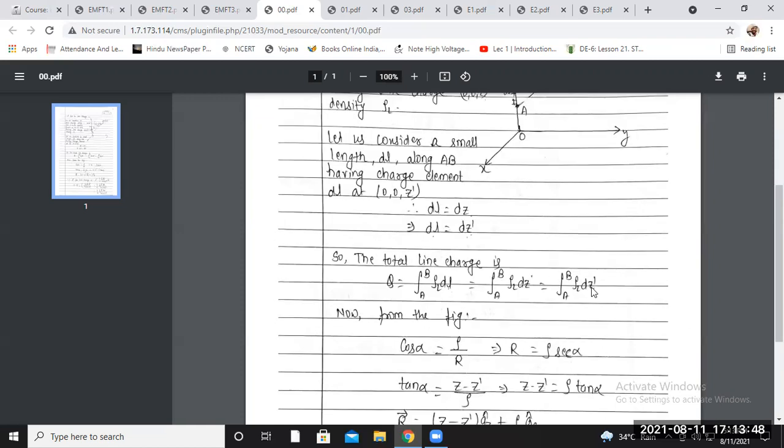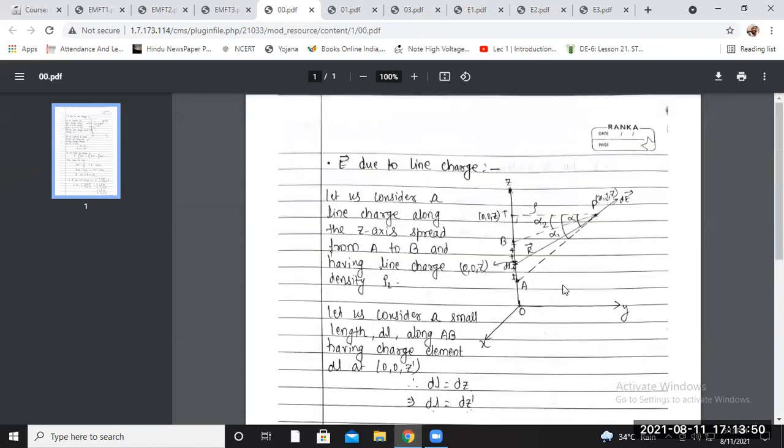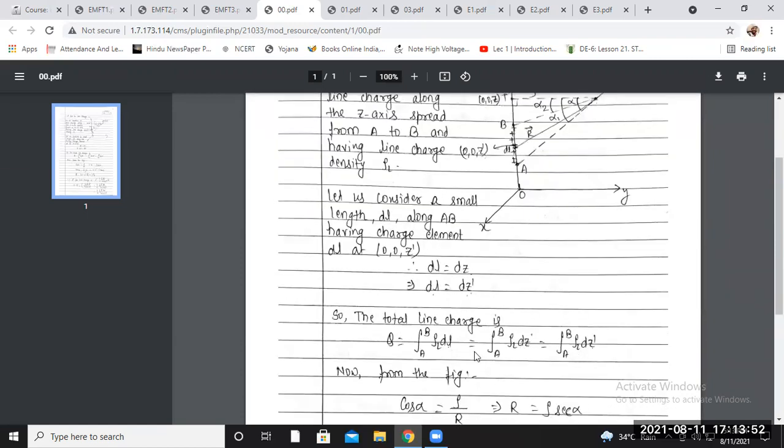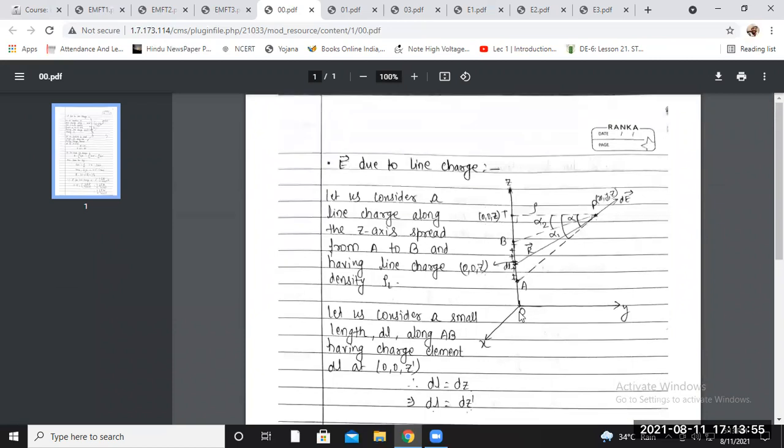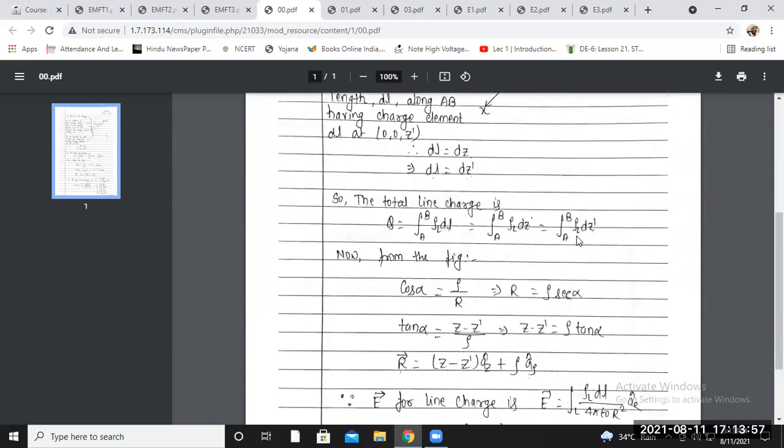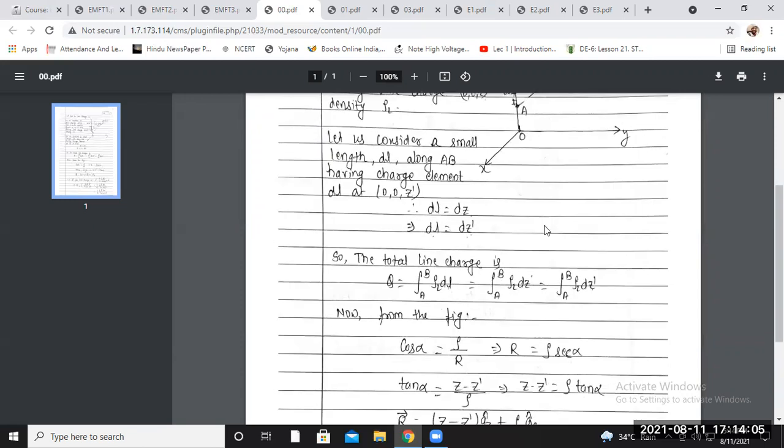Now we have to find some parameters from this diagram so that we can derive the electric field intensity due to this line charge. For that, the integral of rho L dz has been obtained for the total charge Q of the AB line length.